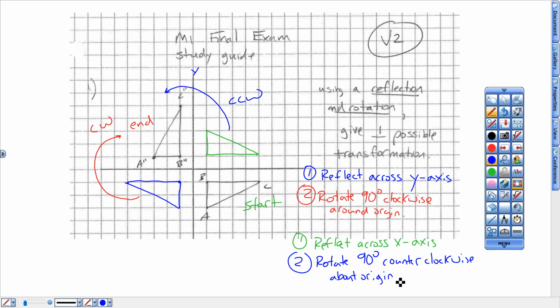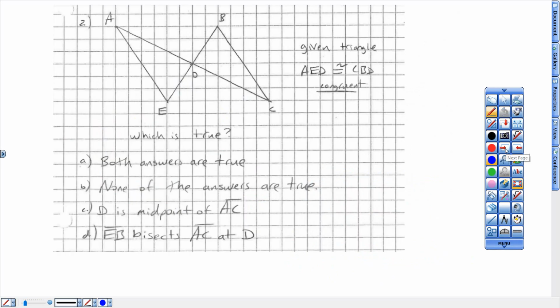All right, here we go. Next problem, number 2. For this one, again, you're looking at which of these is true. I know that this one right here, D, is the midpoint of AC. So it looks like that point D is halfway. So I know that's good. It looks like the line segment EB bisects the whole line segment AC at that point.